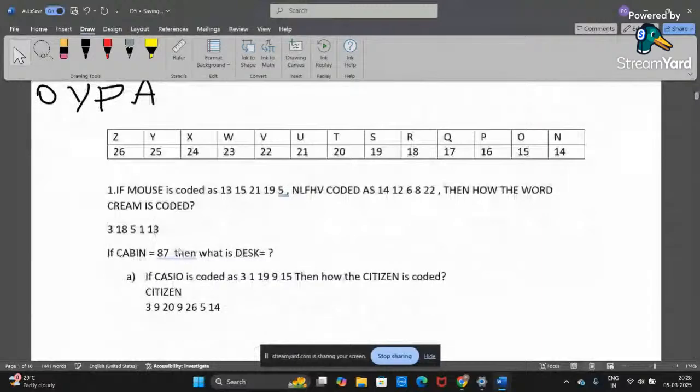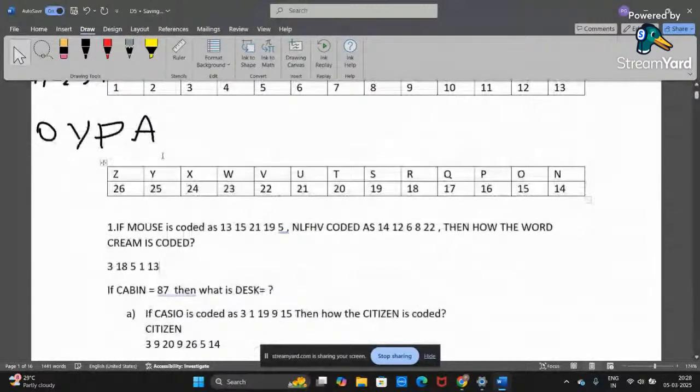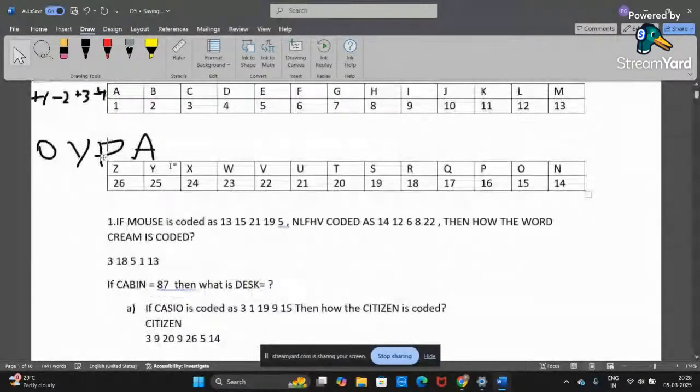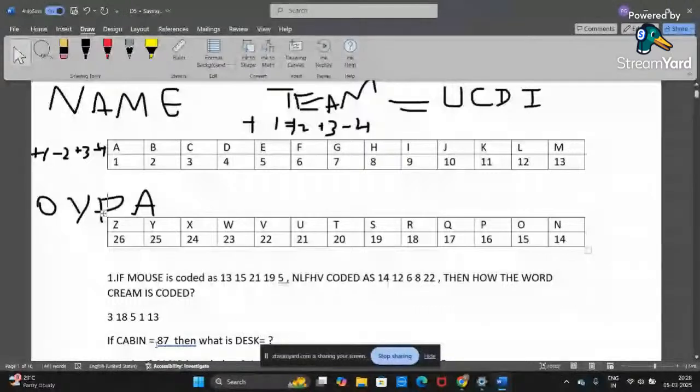Find the answer. If cabin is equal to 87, then what is desk equal to? Find the logic here.